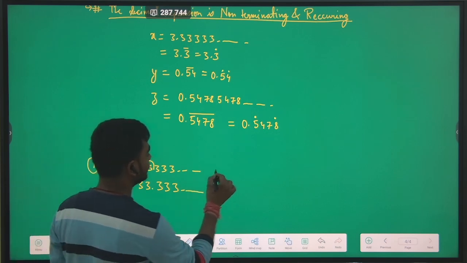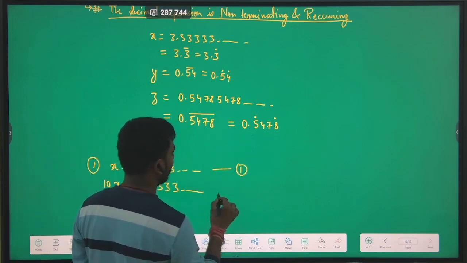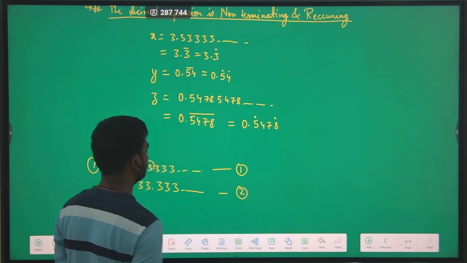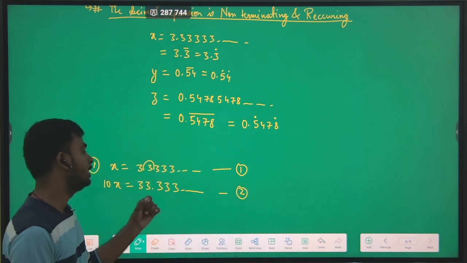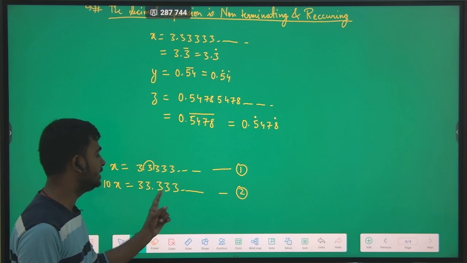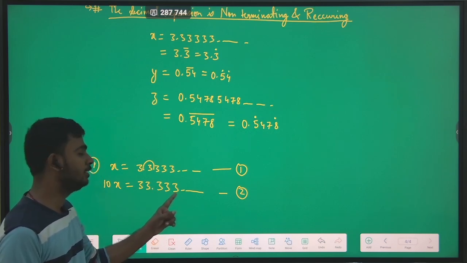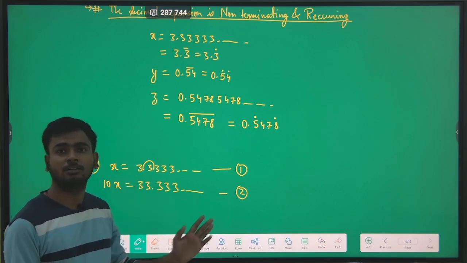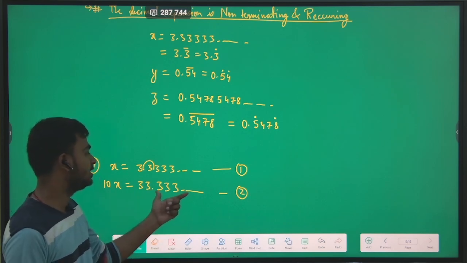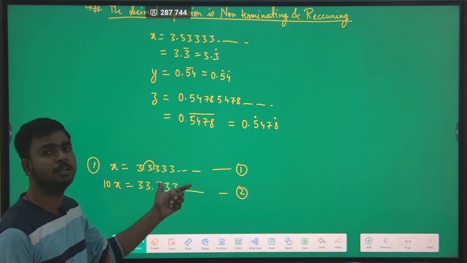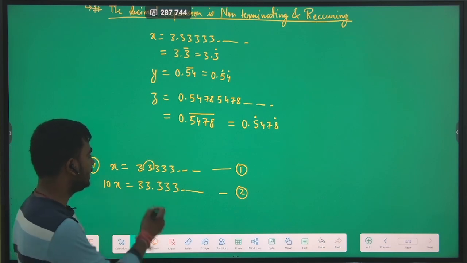So let us suppose that this was my 1 and this is my 2. Our main aim is to make the digits after the decimal point a repeating part, the same as in the above part.